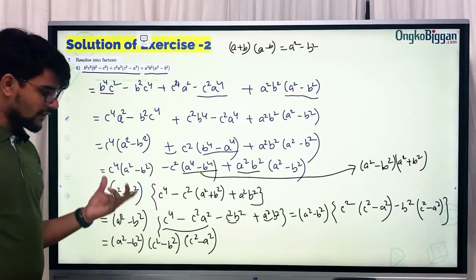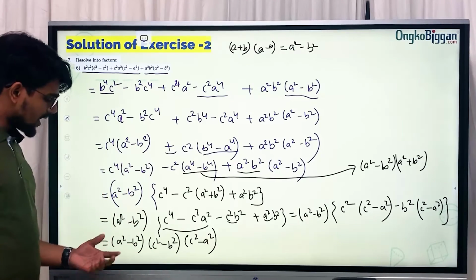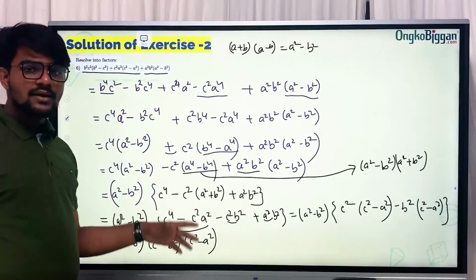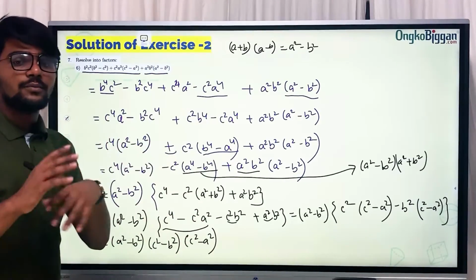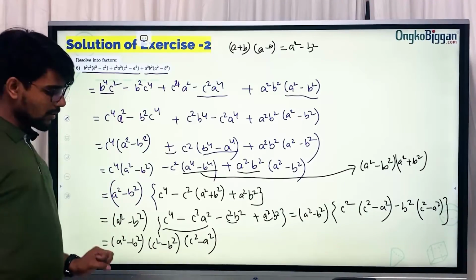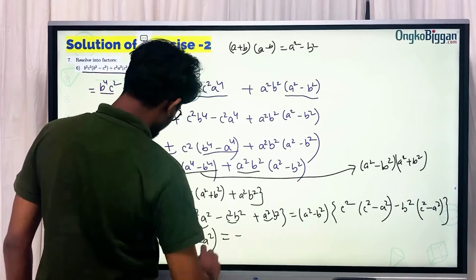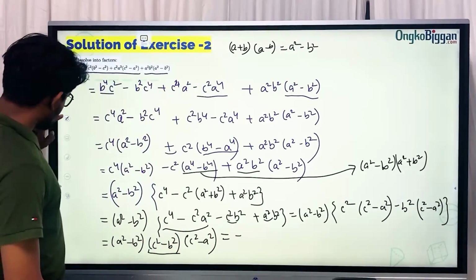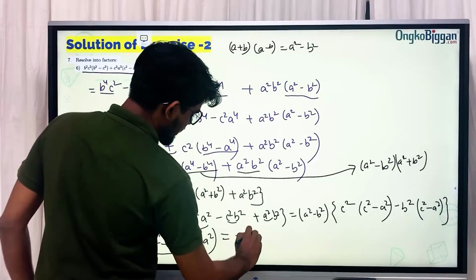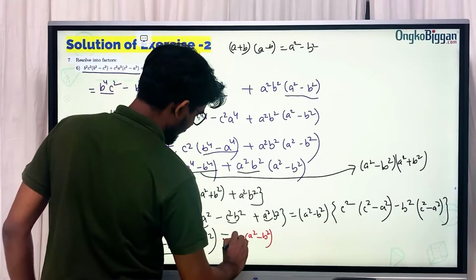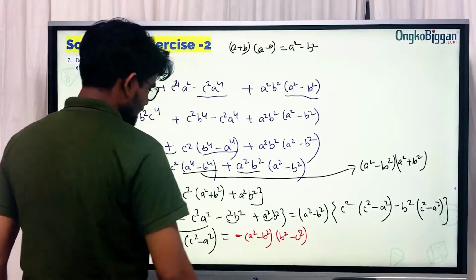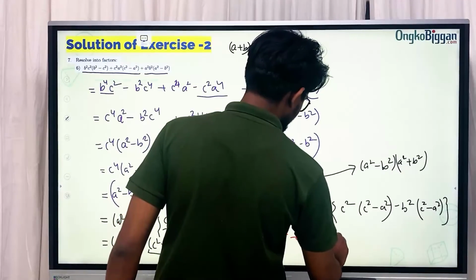We generally write it as a square minus b square, then b square minus c square, then c square minus a square, so that we can convert it into a cyclic polynomial. But now it is not a cyclic polynomial, so for that we can take minus as common from this part, and write minus a square minus b square, and b square minus c square, and finally c square minus a square.